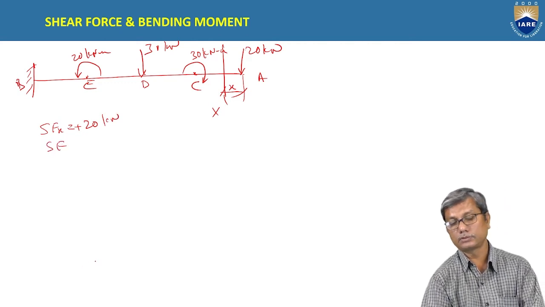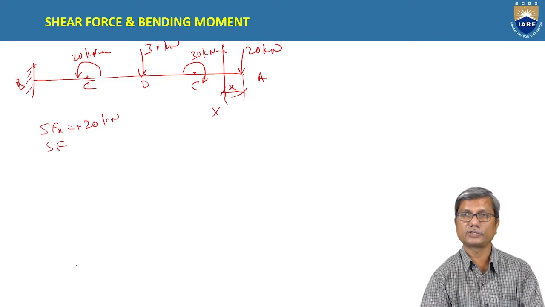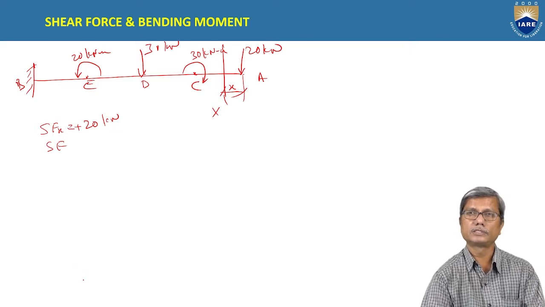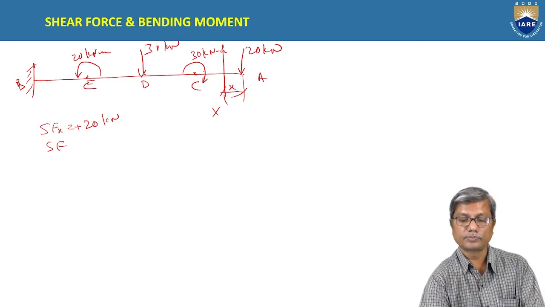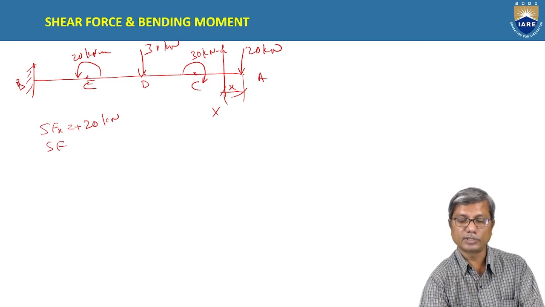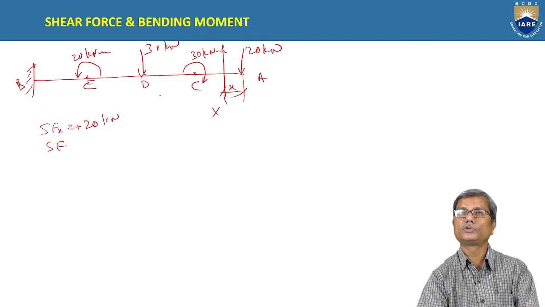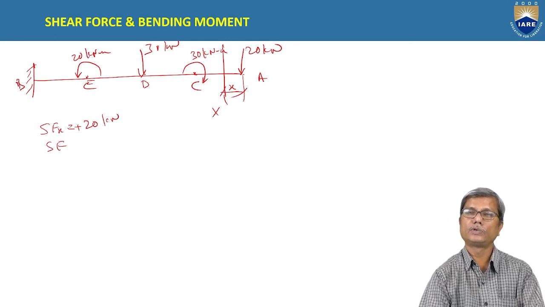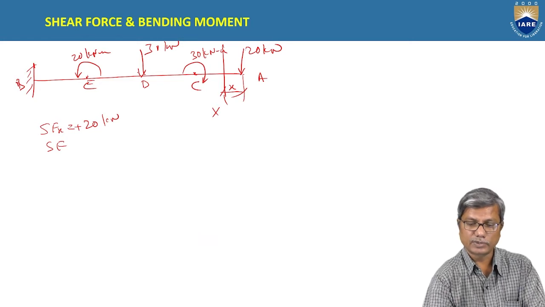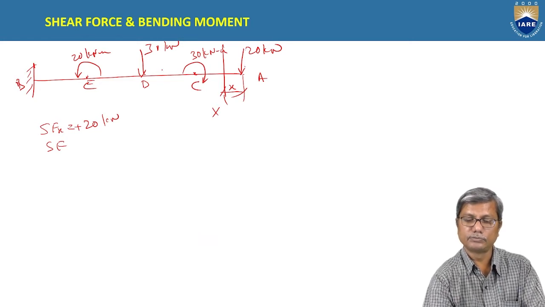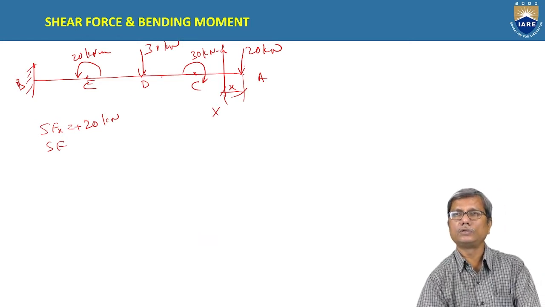For shear force only 2 sections are sufficient, because the couple will not affect the shear force between A and D. Between D and A there is no load.